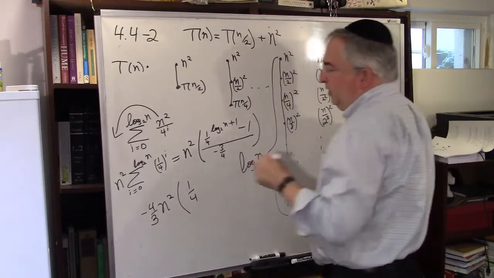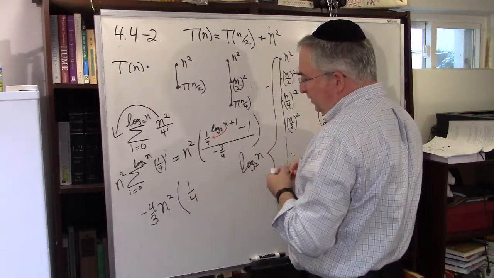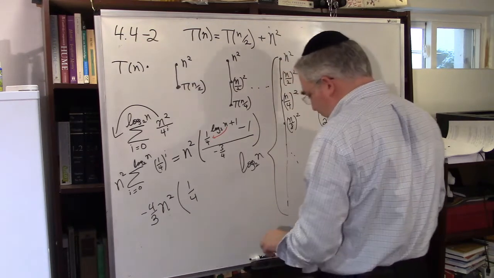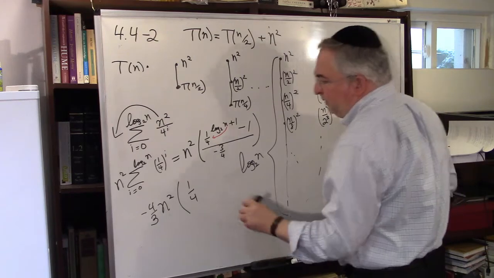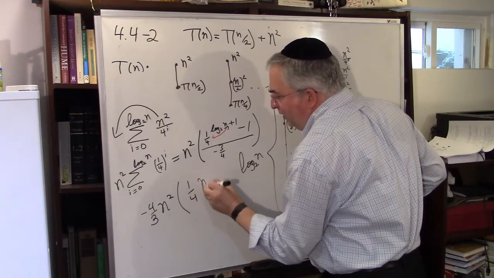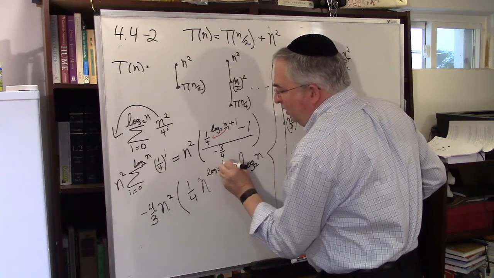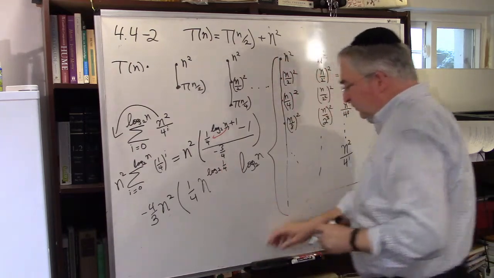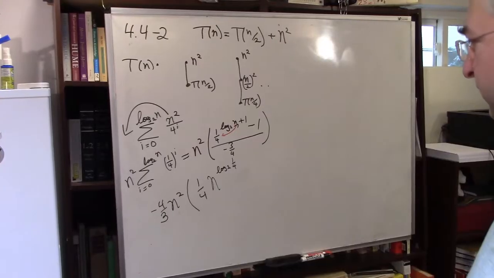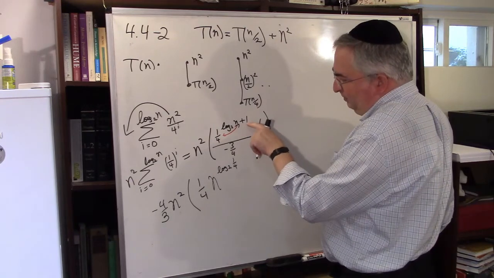This and this are going to swap places. So it's going to be n to the log base 2 of 1 over 4. Okay, so the 1/4 comes from that plus 1.